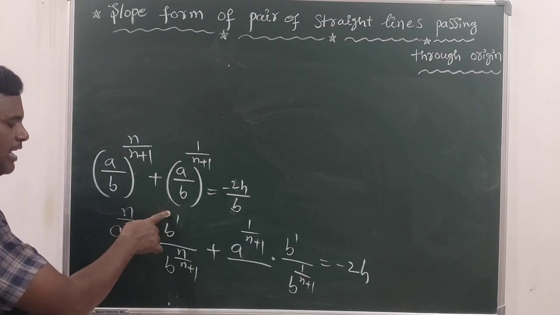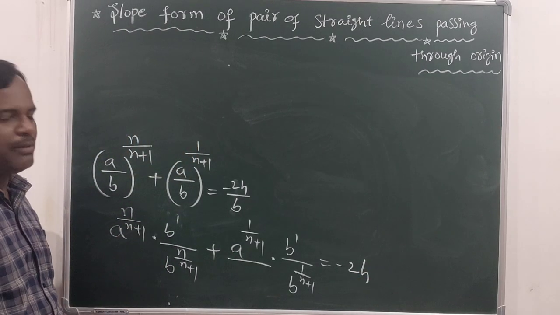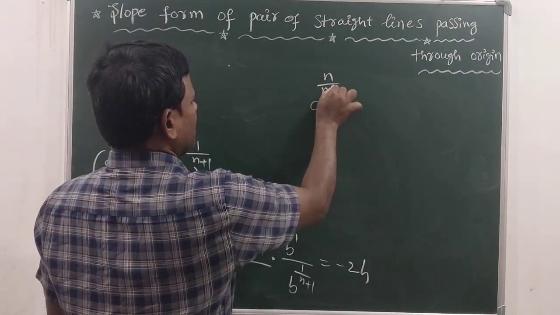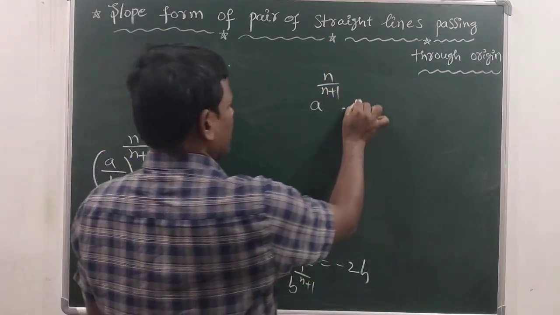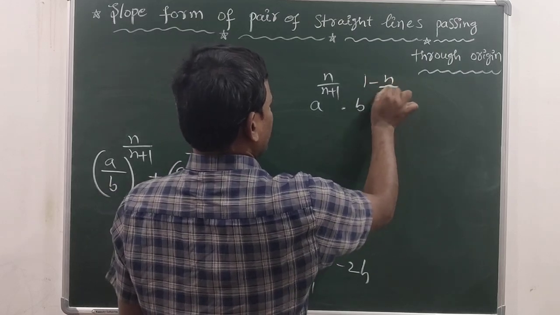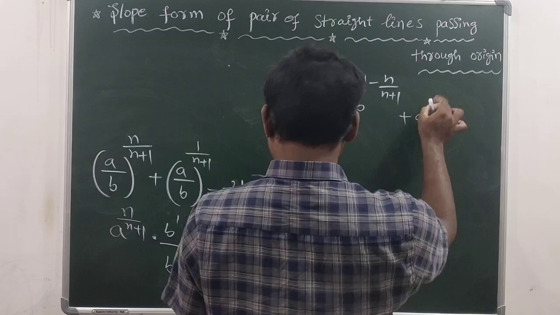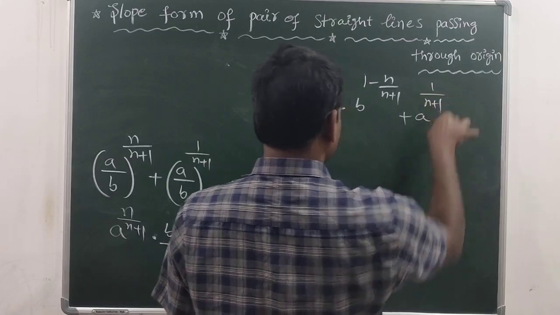Here it is looking like a power m by a power n, which is equal to a power m minus n. So a power n by n plus 1 into b power 1 minus n by n plus 1. So here also a power 1 by n plus 1.